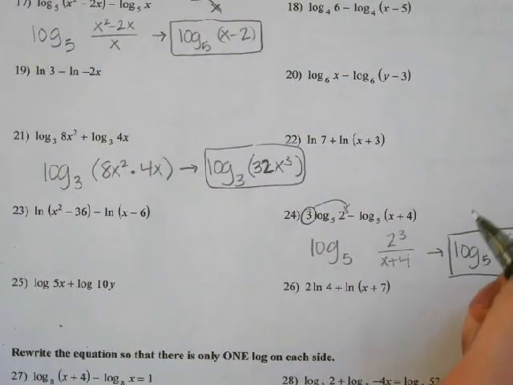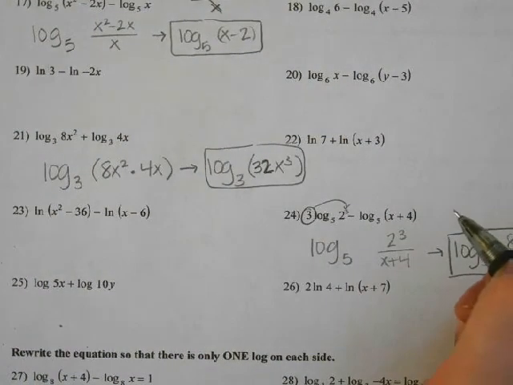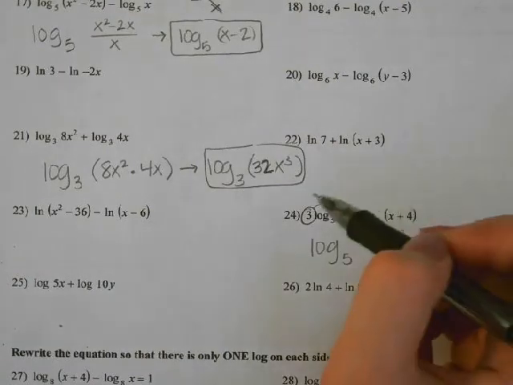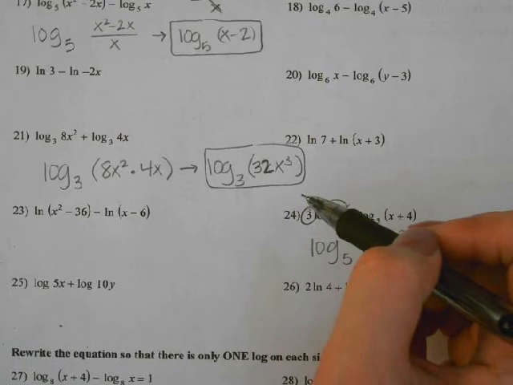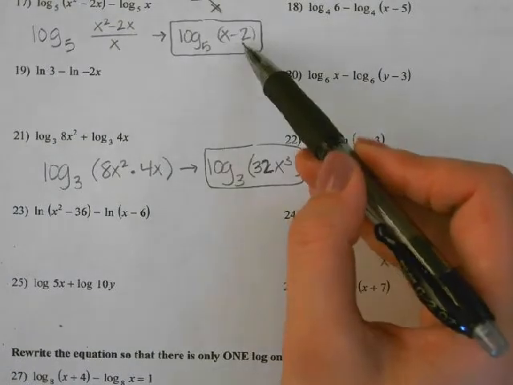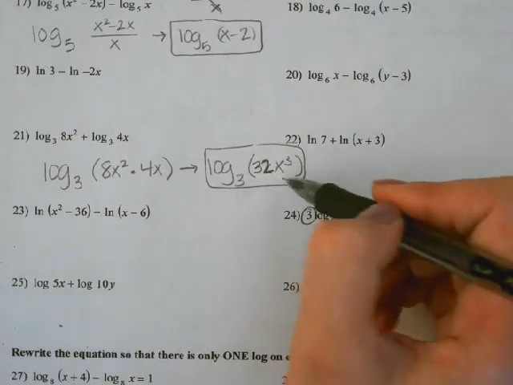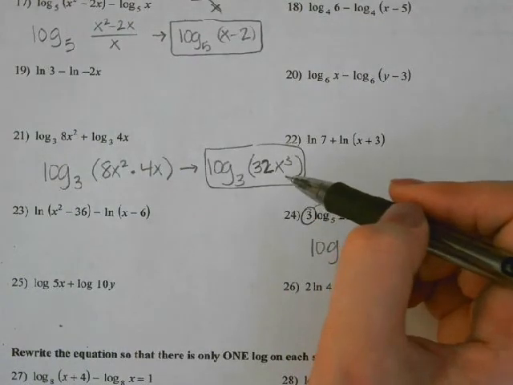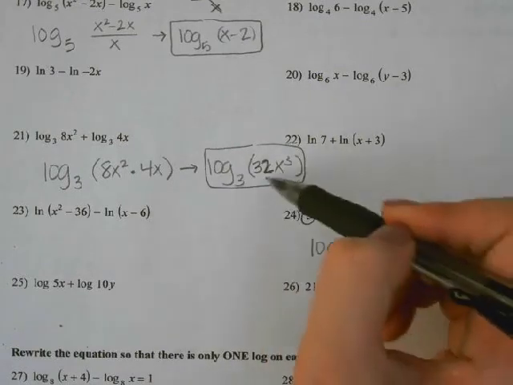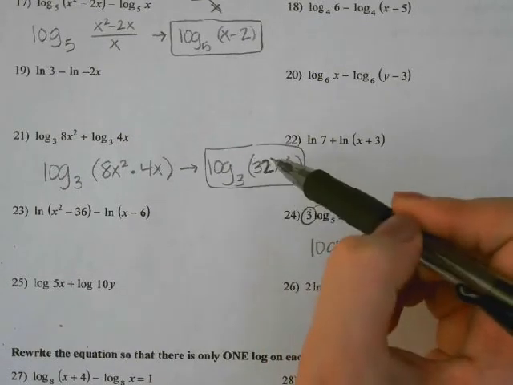I was thinking like terms. The parentheses, in a group like this, absolutely yes. In something like this, sometimes people put the parentheses, sometimes people don't. The reason you would put the parentheses is to show that the log applies to the 32 and it applies to the x to the 3rd.